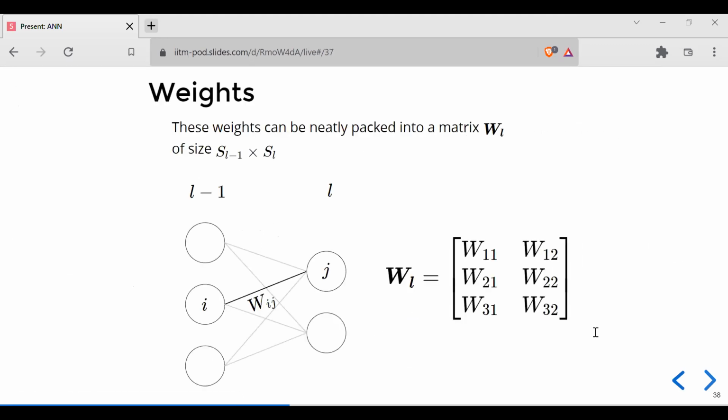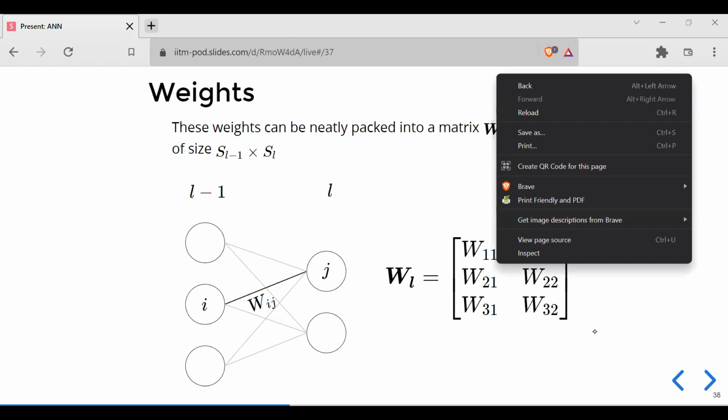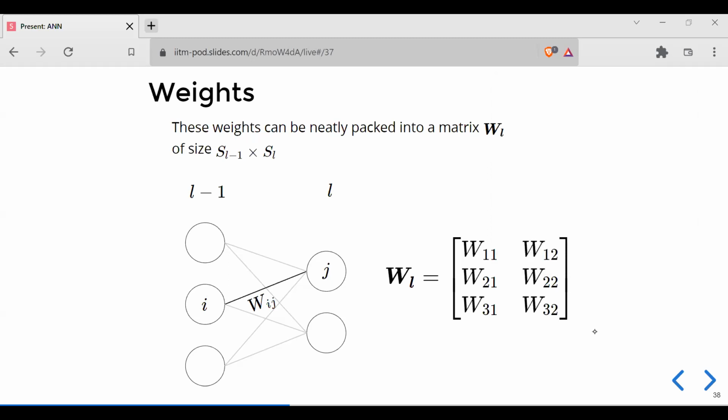One more notation you can understand here. WL denotes the weights which are learned between these two layers. Let's say this is the (L-1)th layer and this is the Lth layer. All the weights learned between these two layers are denoted by WL. So what will W11 denote? The columns denote the Lth layer and the rows denote the (L-1)th layer.